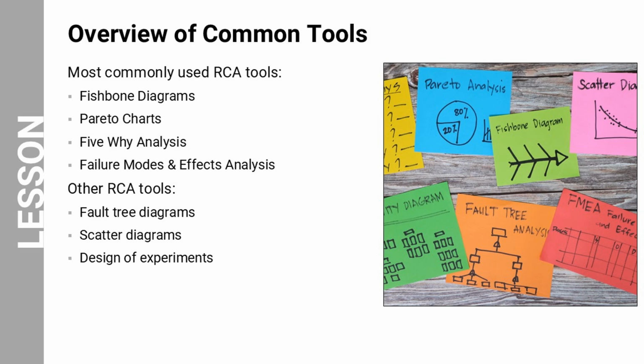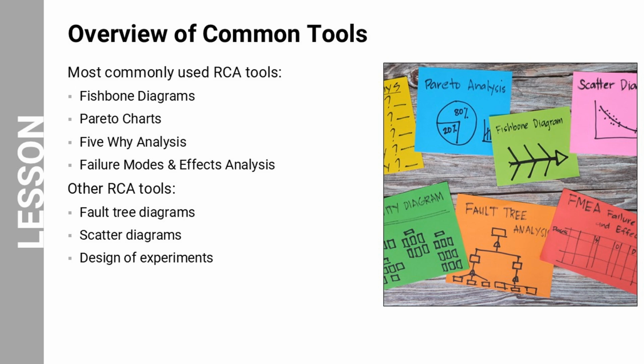Several root cause analysis tools can be used to identify and address underlying issues. Fishbone diagrams, Ishikawa, help visualize potential causes by categorizing them into critical areas, while Pareto charts prioritize issues based on their frequency or impact. The 5 why analysis digs deeper into problems by repeatedly asking why to uncover root causes. Failure modes and effects analysis, FMEA, assesses and prioritizes potential failure modes based on their severity and likelihood.